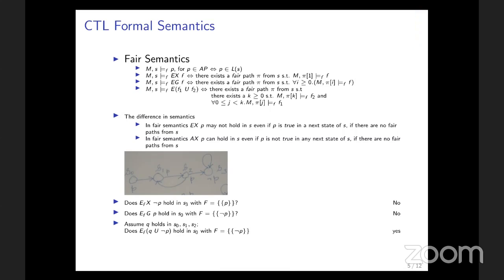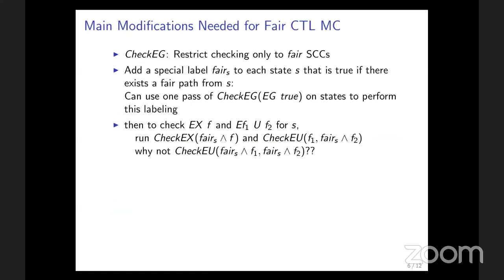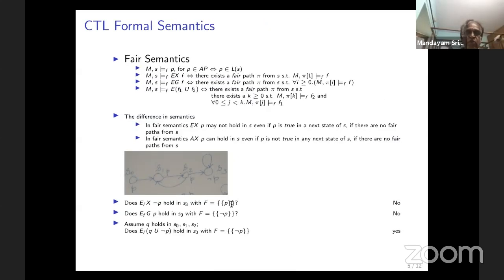Correct, good point. So the important thing to notice is, you need to do two things here. One is, of course, you will have to ensure that it is a fair path, that you have to restrict yourself to fair paths, and that can be implemented. Usually that is more relevant when you do EG, because EG is one in which the satisfaction has to look at infinite paths, okay?